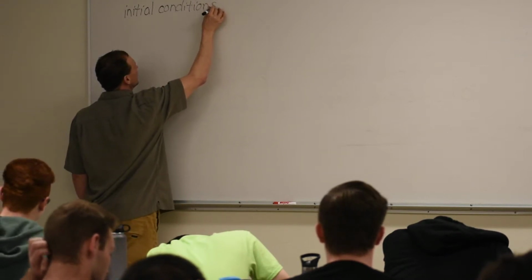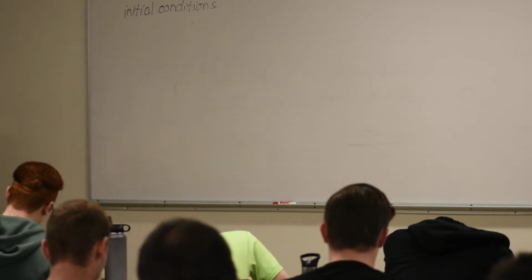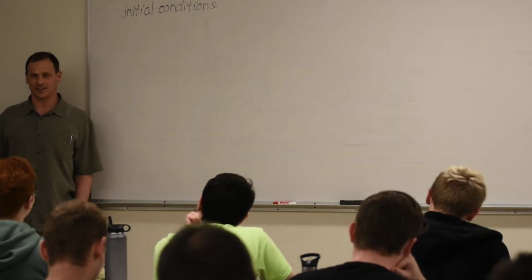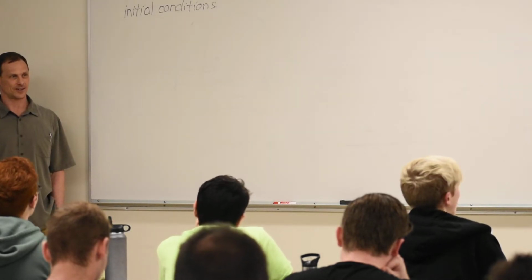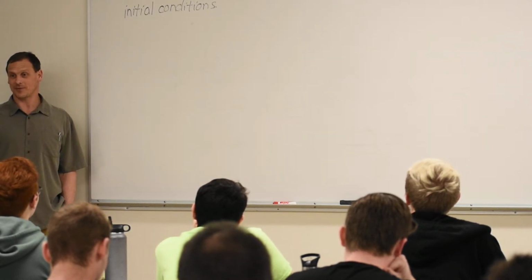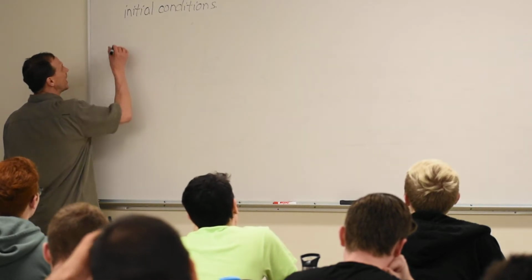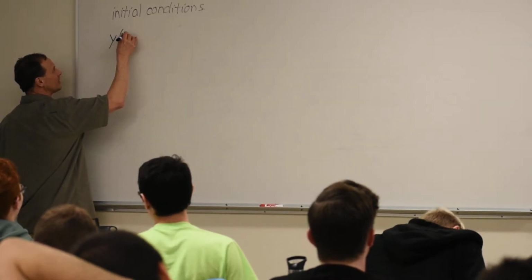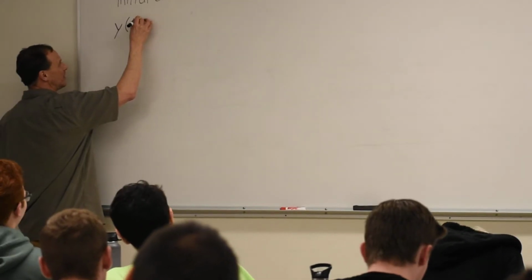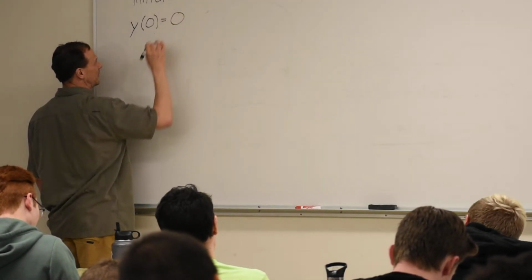Okay, so let's think about our initial conditions. When the car was just sitting there, what was y of 0? It was just at rest. So in other words, there was no displacement on that bumper until I came along. So what we would say is the car was just being left alone.